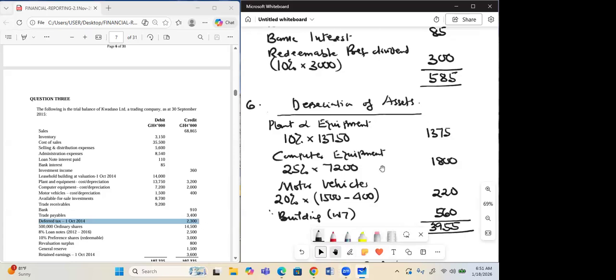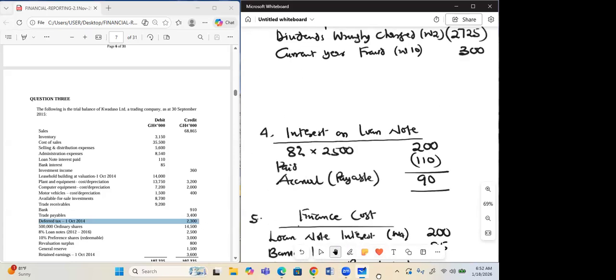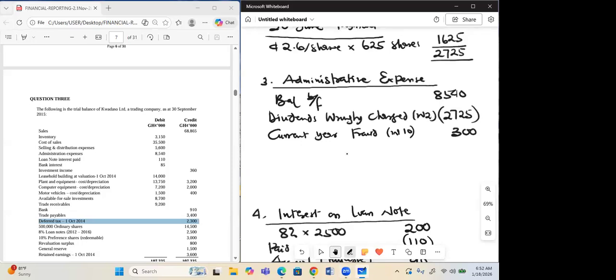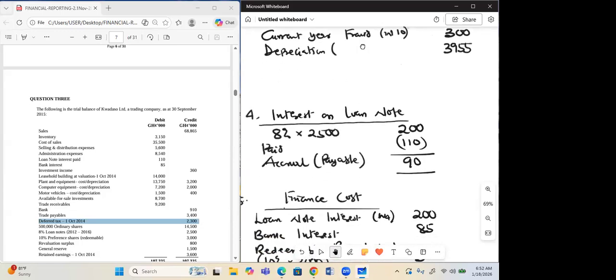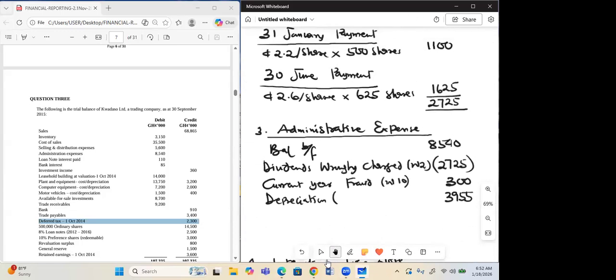Where is my admin expense? Up there, right? So I'll put my depreciation here in admin expense. The depreciation is working on my what? Working number 6.